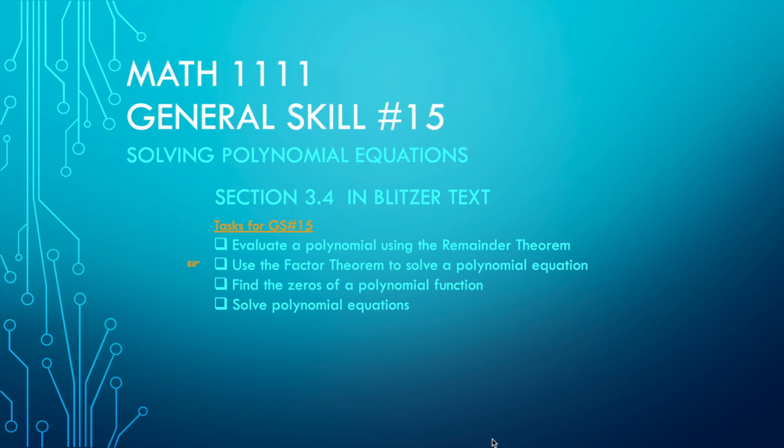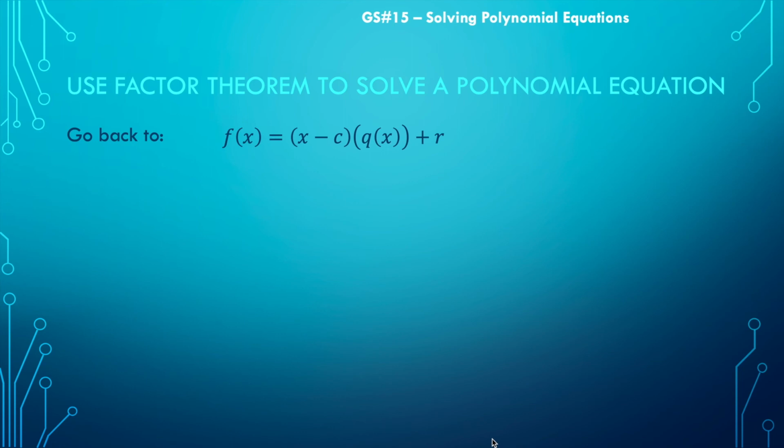To really discuss the factor theorem, we need to go back to this equation that we got when we were talking about the remainder theorem. We got this by thinking about f of x divided by x minus c would equal a polynomial q of x plus r over x minus c, and then we multiplied through by x minus c to get this.